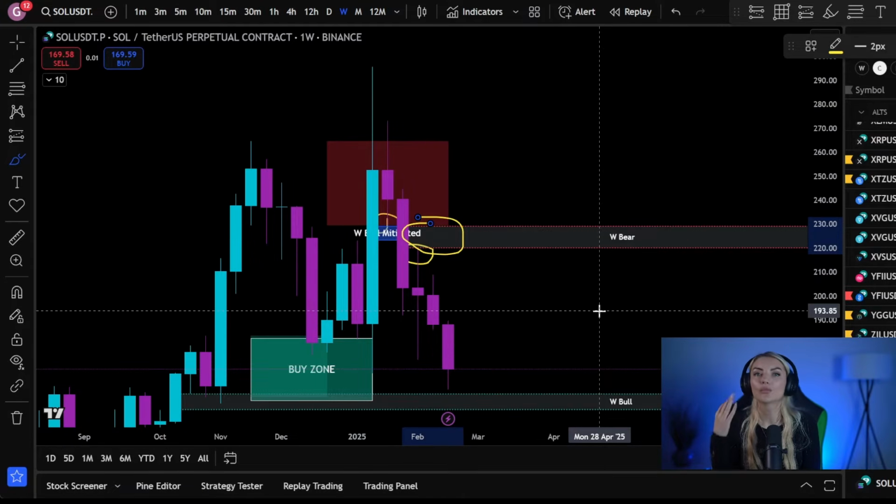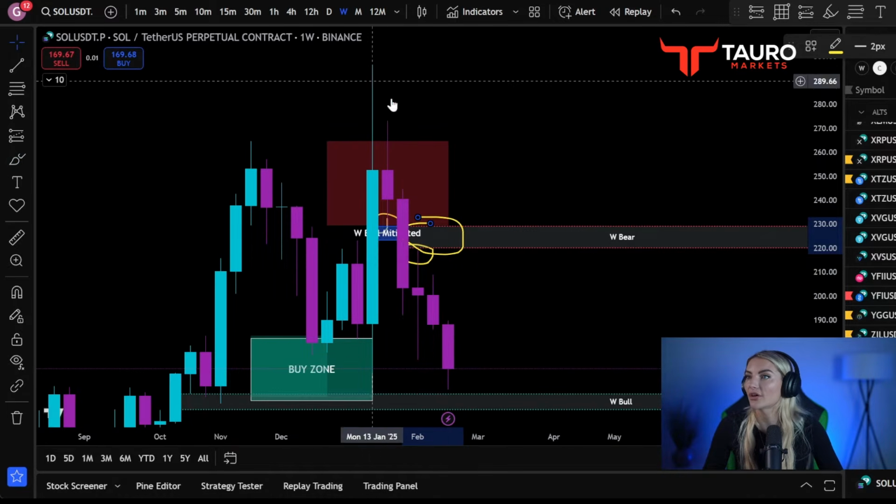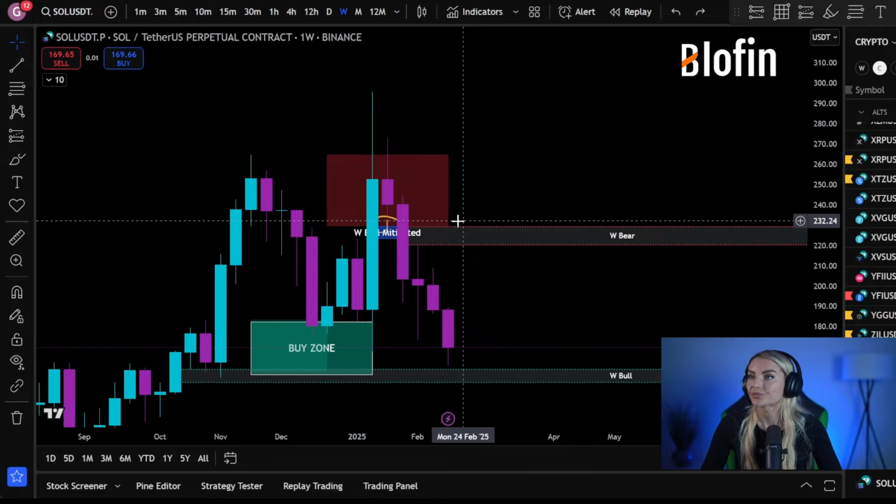These sudden movements create a fair value gap as the price jumps from one level to another without really trading in between. This is the case of the fair value gaps.